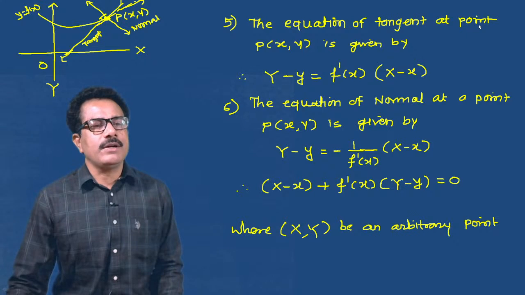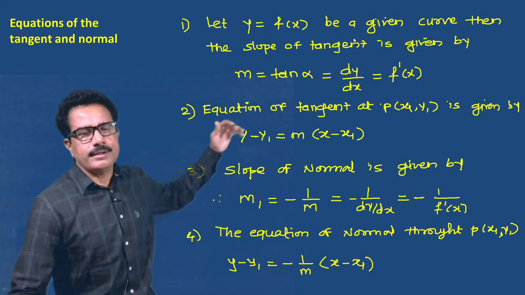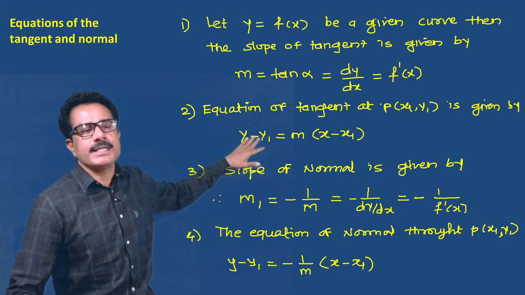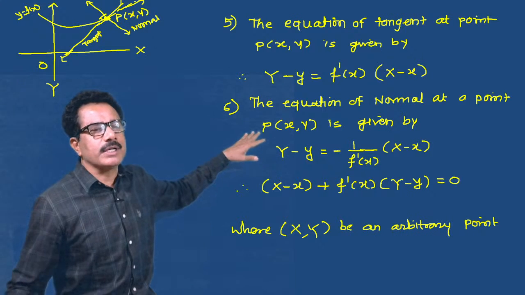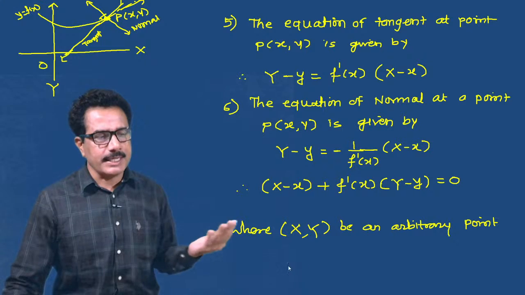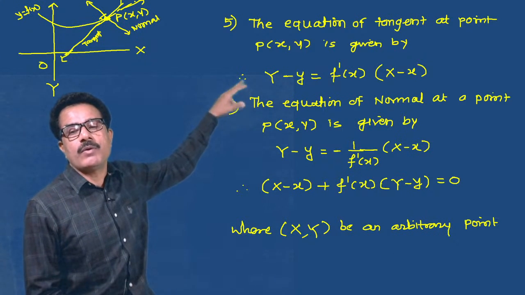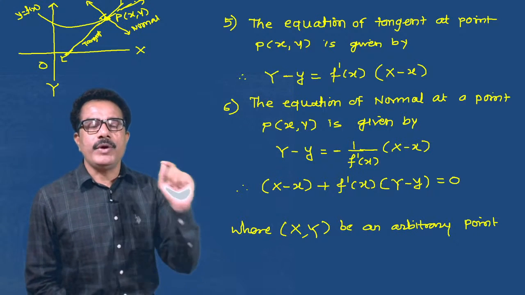Now, the equation of a tangent at a point P(x, y) is given in this form. But suppose we consider the coordinate axes capital X and capital Y, where capital X and capital Y are the arbitrary point and small x and small y are the point of contact.